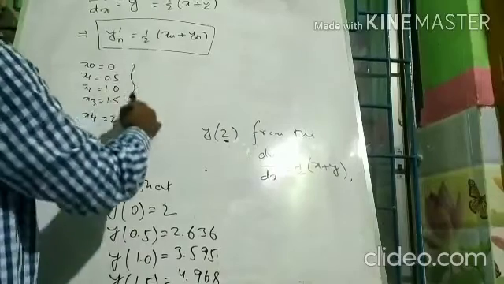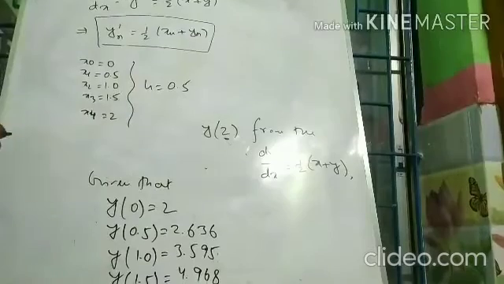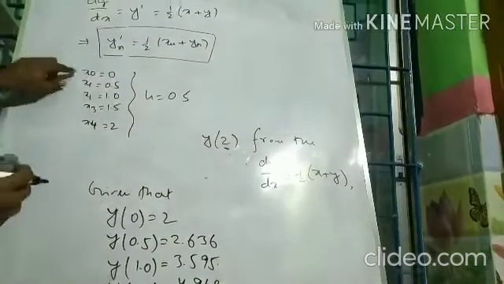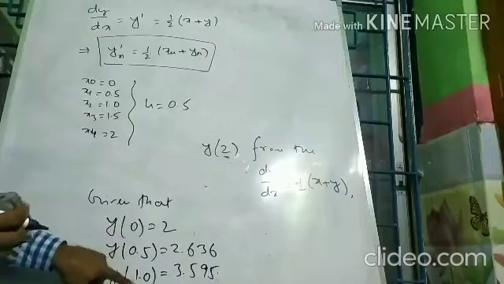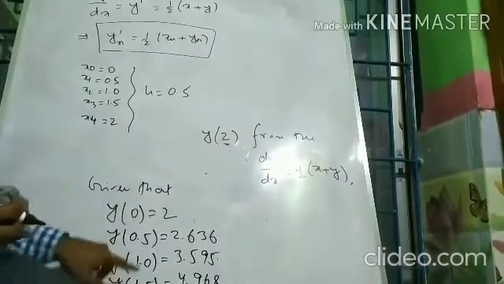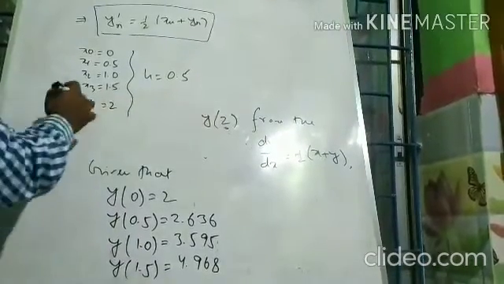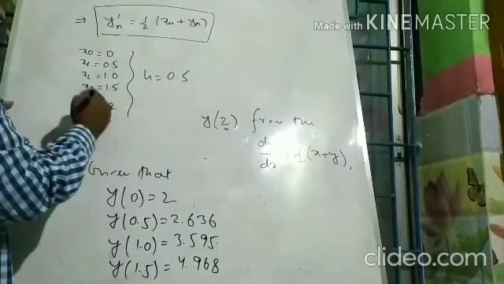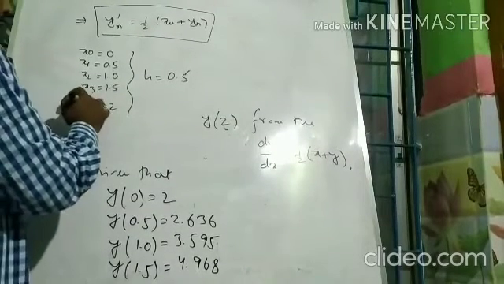So you can say h equals 0.5. x0 is 0, x1 0.5, x2 1.0, x3 1.5, x4 2. x4 is the point where we have to calculate y. This is the xn point.